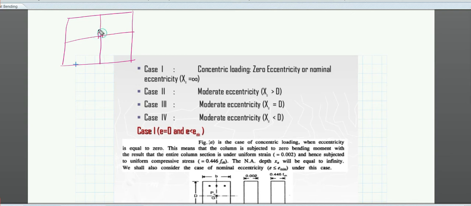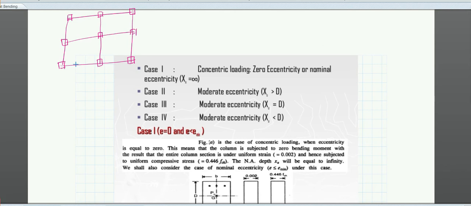In this case we have columns over here, here, here, like this arrangement of columns. Now when there is loading over the whole frame, the beams will get deflected, so there will be a moment from the beams. So this beam will have a moment.